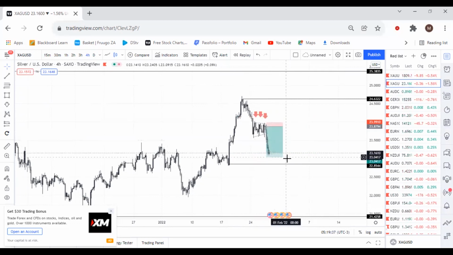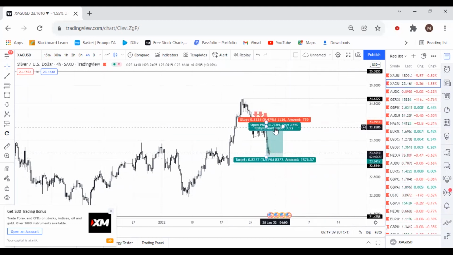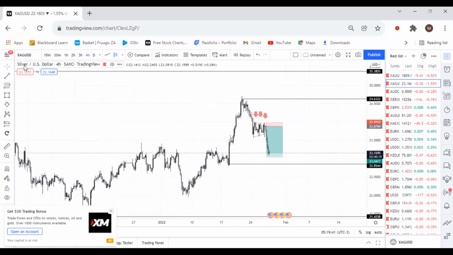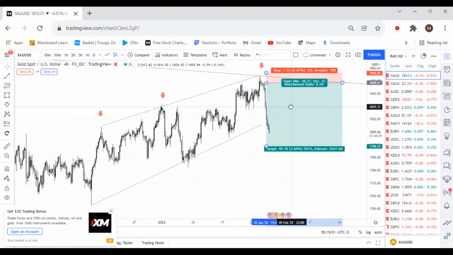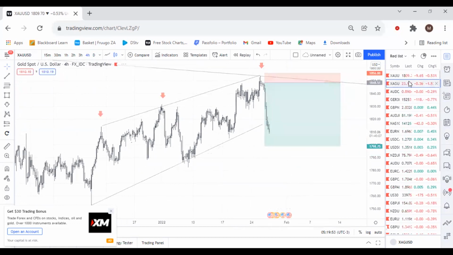So that is that for silver, which is XAG against USD, with gold, which is XAU against USD. They're both selling. As you can see, they're both red.